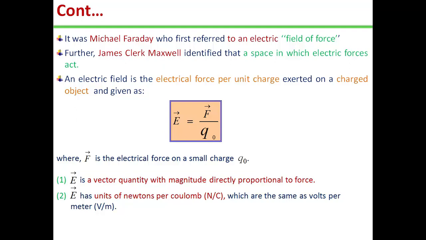This definition shows two characteristics of the electric field. First, the electric field is a vector quantity with magnitude directly proportional to the force. Also, the electric field has unit newton per coulomb, as force has unit newton and charge has unit coulomb. So the electric field has the unit newton per coulomb, which is the same as volt per meter.